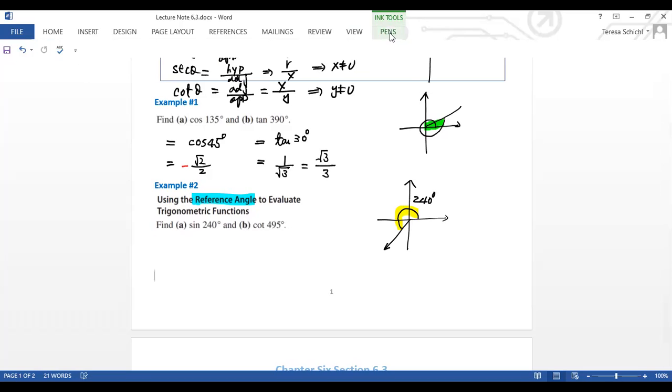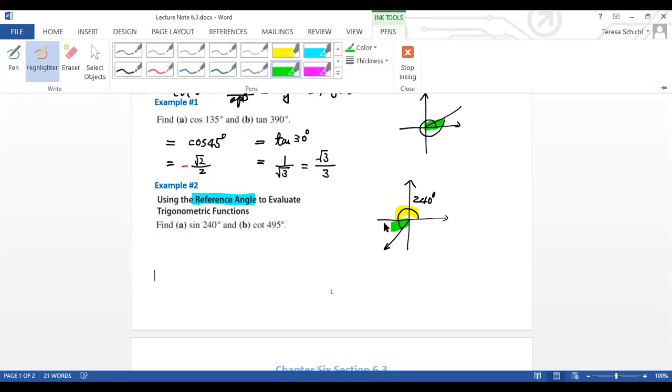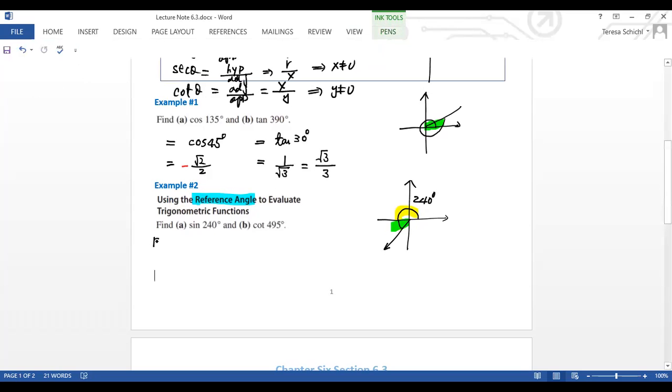In order to find the sine, I need to find the reference angle. The reference angle is the green one here. What is this reference angle? It is 240 minus 180, so it is 60.